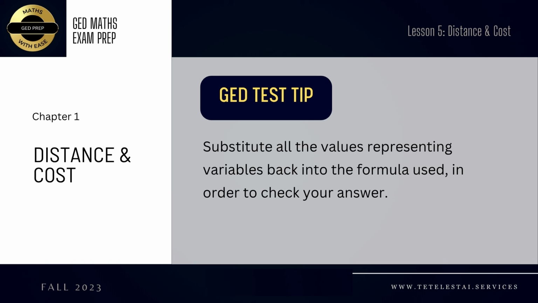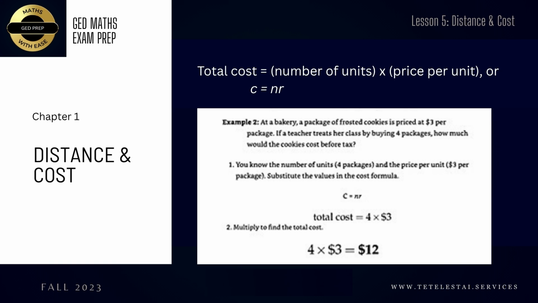So another helpful formula is one that involves cost. It's the cost formula, so it expresses the relationship between cost and the rate per unit. Note that the wording per means for every 1 unit. If you want to buy some cookies and you ask the person selling, hey, how much are your cookies?